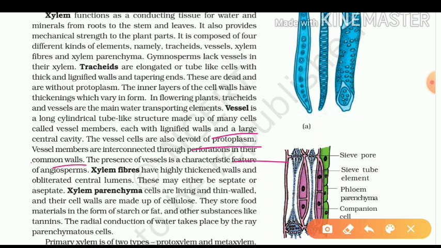So what does it mean? Basically, tracheids as well as vessels are in a closed condition, whereas tracheids have no such function. So that function is maintained by the vessels because of the perforations. So just remember it like that, it is better to understand.